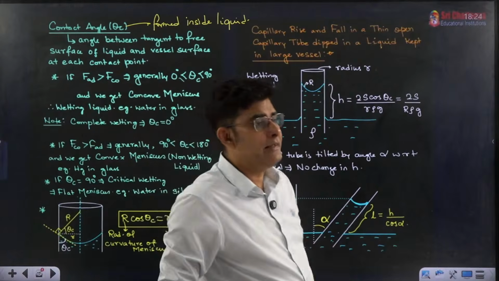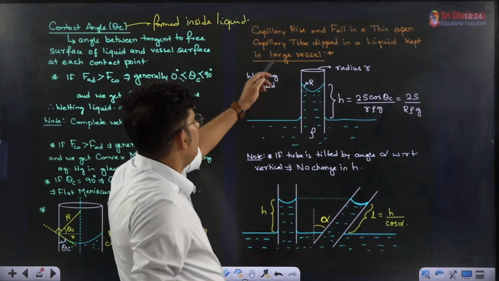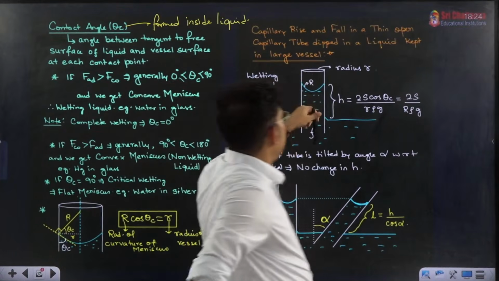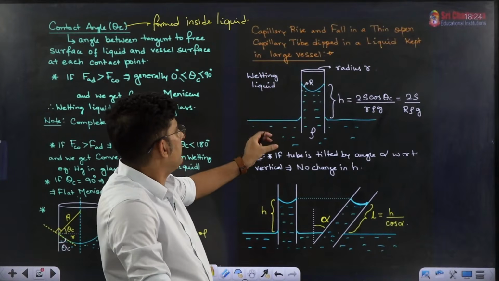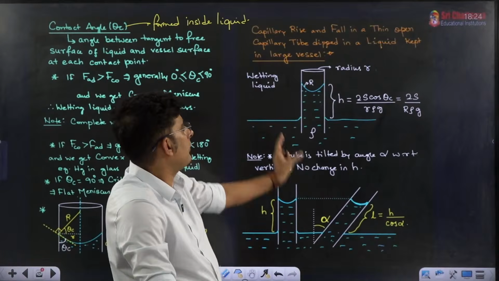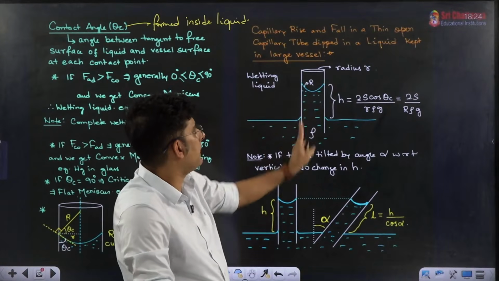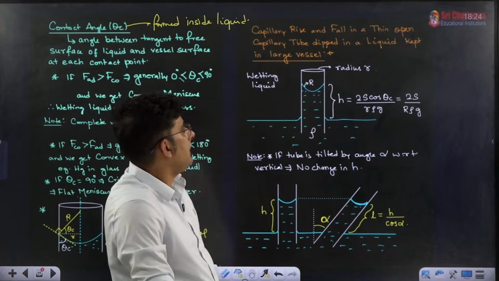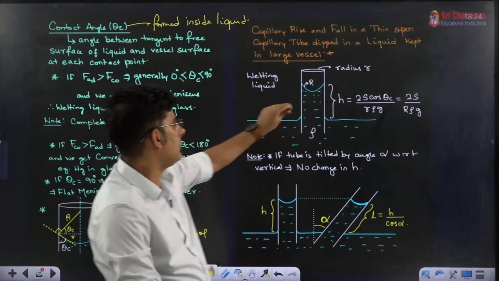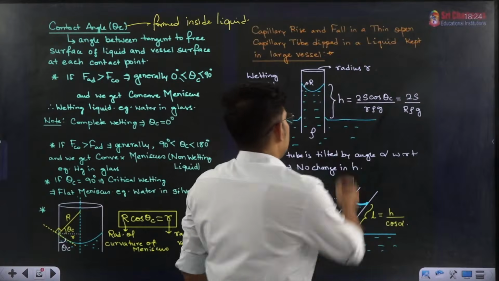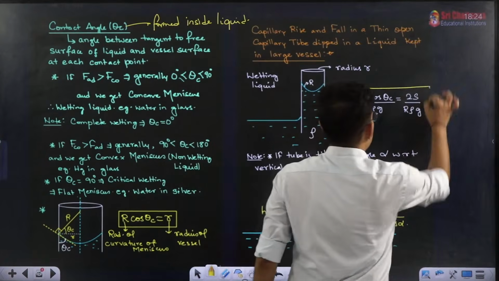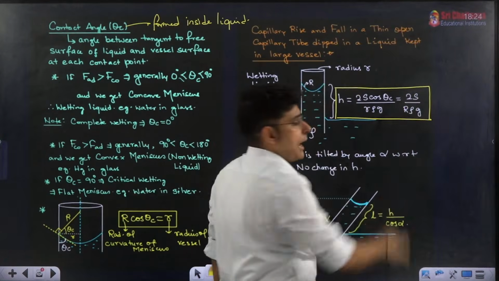Now capillary rise and fall. If you have a capillary tube, a thin tube, open at both ends and you dip it into a liquid, then due to surface tension, if it is a wetting liquid, you will see that compared to outside, the liquid will rise inside. And just by pressure comparison and writing excess pressure, we get a very important result. h is equal to 2S by R rho g.